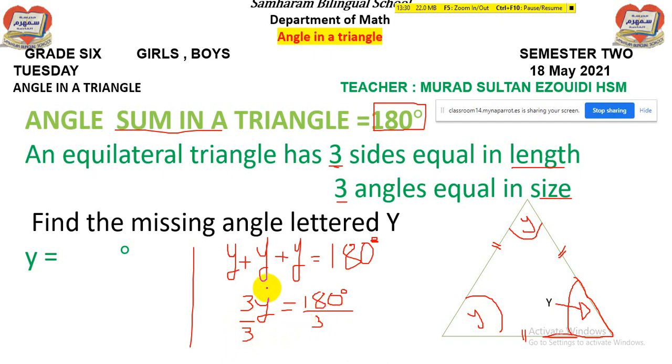In order to isolate y, to write y only here, you just divide both sides by 3, the coefficient of y. 3 divided by 3 is 1. 1 by y is y. 180 divided by 3 is 60 degrees. Okay, so this one, my learners, y should be equal to 60 degrees.